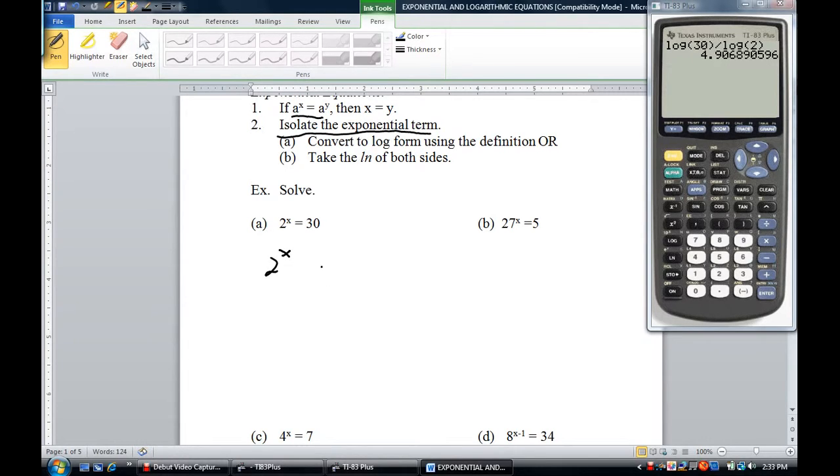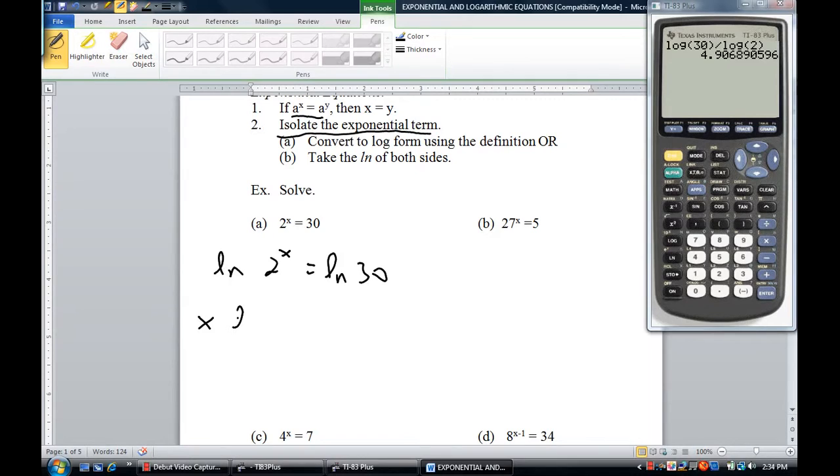Now when I do this, you're going to notice that the 2 to the x, the exponential term, is already isolated. So that means I can go ahead, and when I say take the natural log of both sides, that just means I'm going to write natural log in front of both sides, just like that. And then I'm going to use one of my properties that says that this exponent can move out in front.